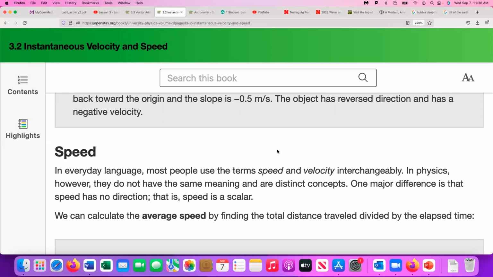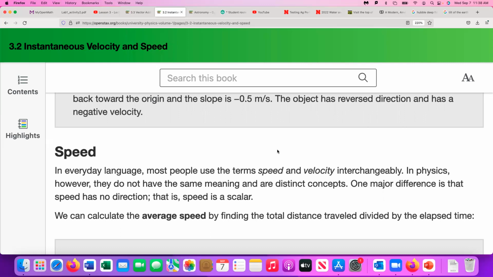Speed is just about how fast am I going right now, right? So we can calculate average speed, but it's not going to take direction into account. And it is going to take distance into account. So how far you actually traveled on the path that you took matters when it comes to speed.